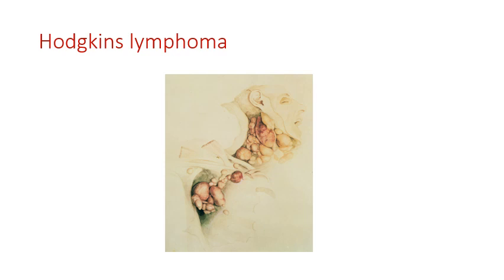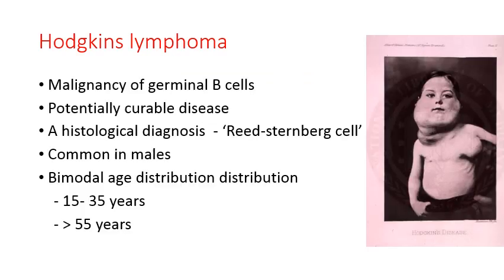So he studied further and then he described the Hodgkin's type of lymphoma. So it's a malignancy of B cells, and the interesting thing is it's a potentially curable disease. So if you detect the disease early, you can cure it.